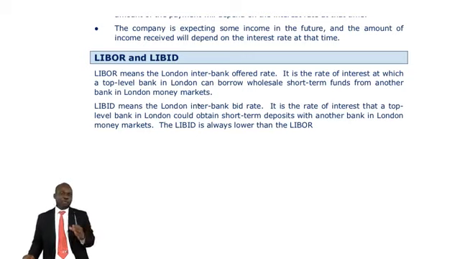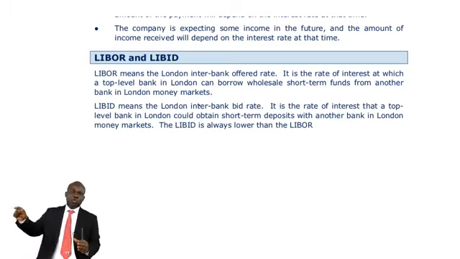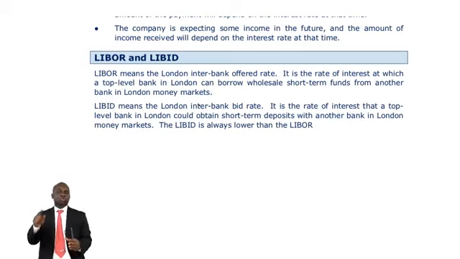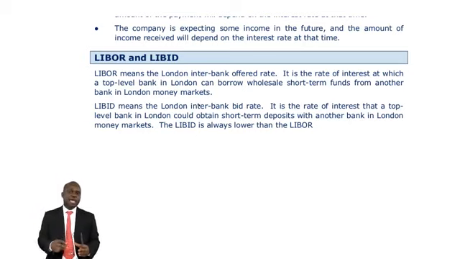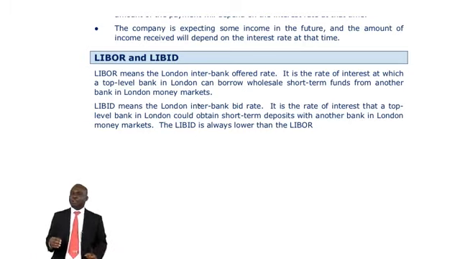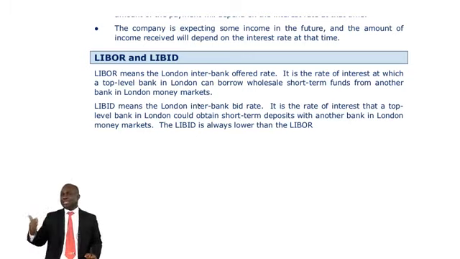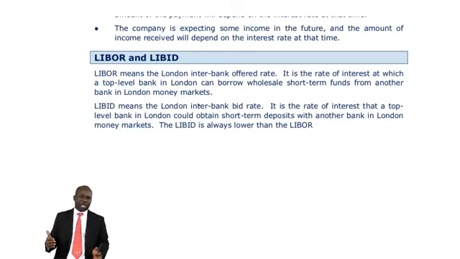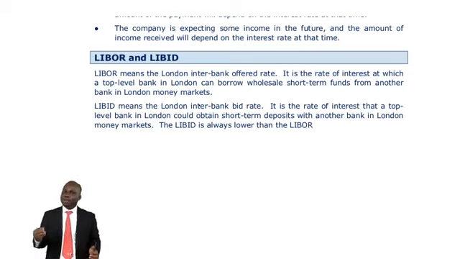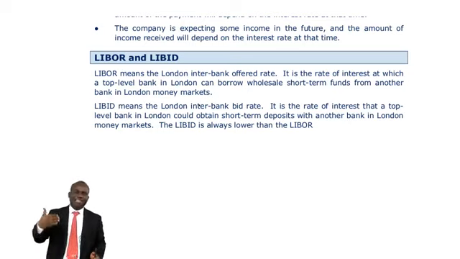So when they borrow at the LIBOR, when you come in, they would have to add something to the LIBOR to cover for their profit and also to cover for the risk they are going to take. If you remember, we said the cost of capital will reflect the base rate plus the risk premium to compensate for both business and financial risk. And any risk premium in this case, they might call what is called a spread.